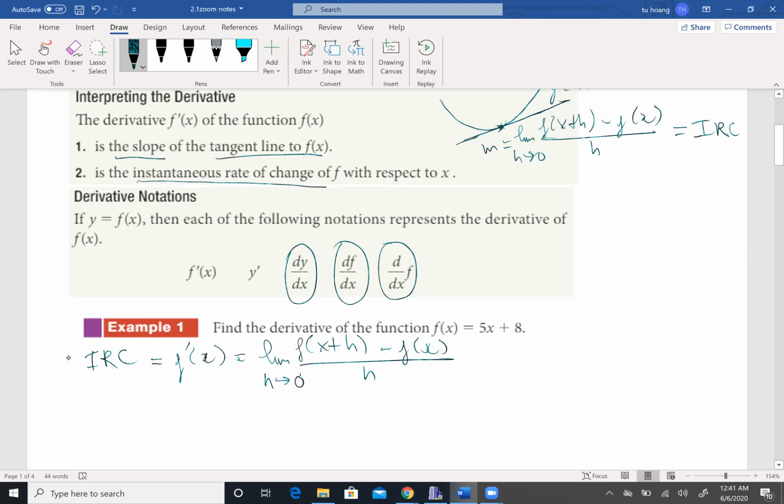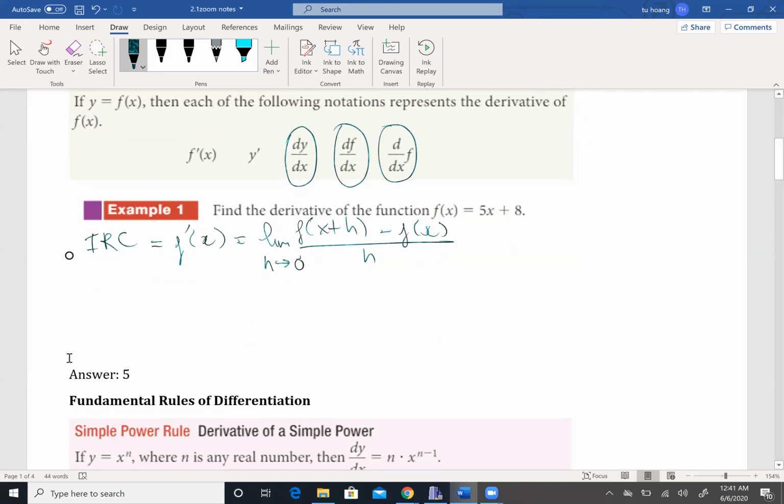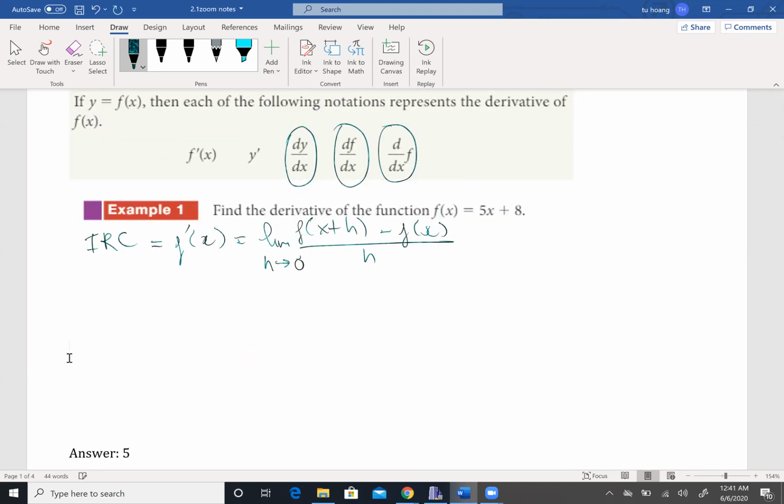Now let's try to find all these things. So f(x) is equal to 5x plus 8. Then I have f(x+h) equal to 5(x+h) plus 8, which is 5x plus 5h plus 8.